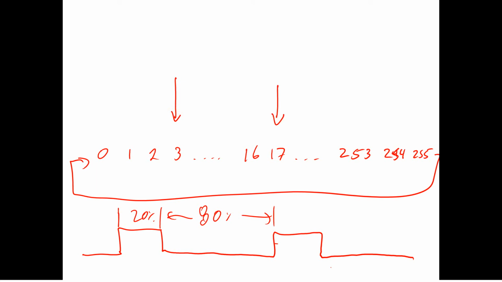So as the timer's counting up, the external pin will be low, low, low, low. It's going to go high at 3, and it's going to stay high until 17. Now it's going to go low. And then it'll loop back around and continue. And what we end up with is this waveform, which just keeps repeating.